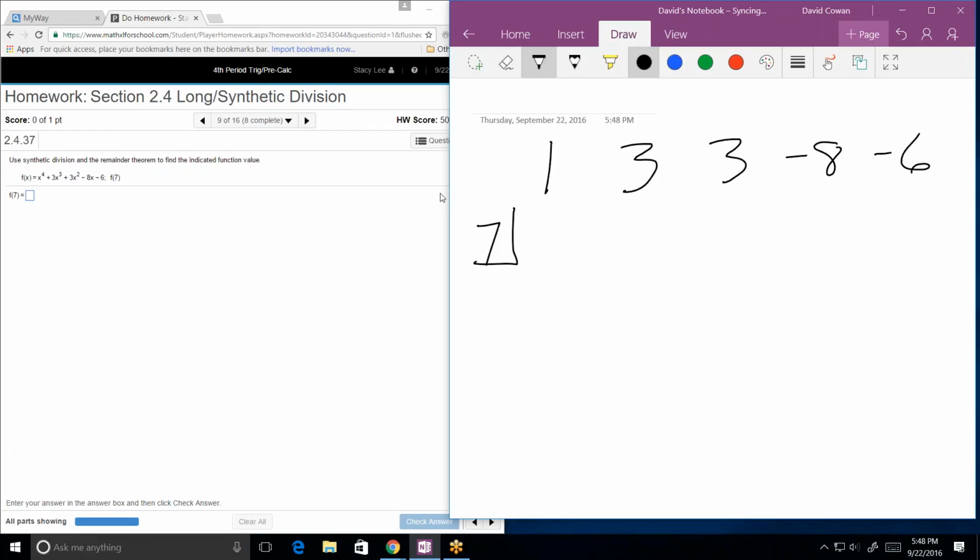I'll race you to come up with the answer. Okay, and then what are we dividing it by? Oh, not very fair if I get a head start, huh? 7. f of 7 is what we want to calculate. What is f of 7?